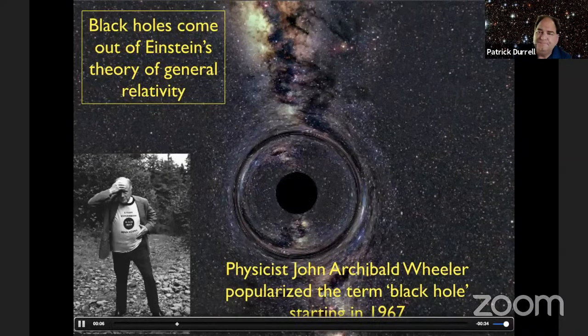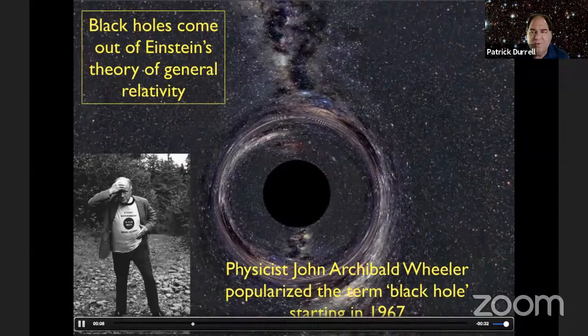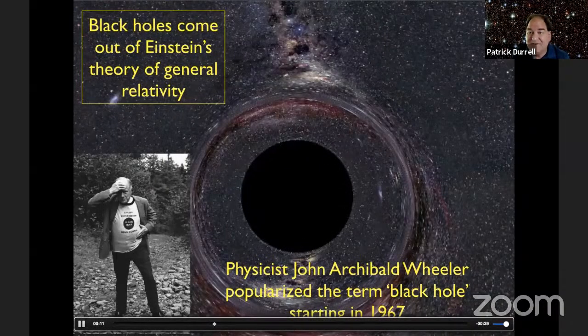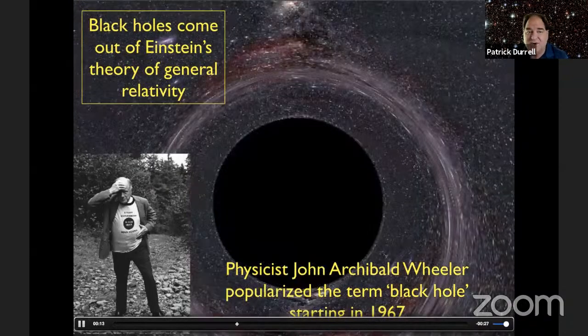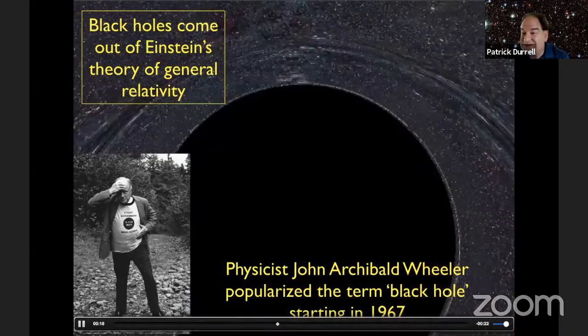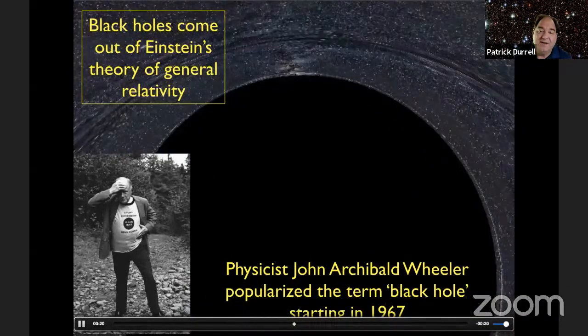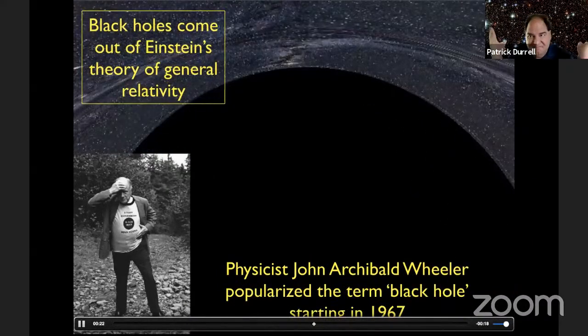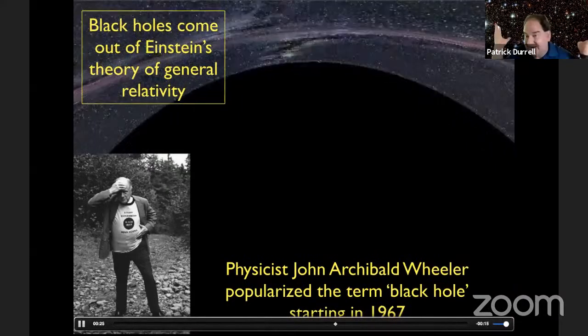So what about the history? Well, really, the concept of black holes actually comes out of Einstein's famous equations of general relativity, which he published 106 years ago. Okay, and general relativity is the law of the land, really.